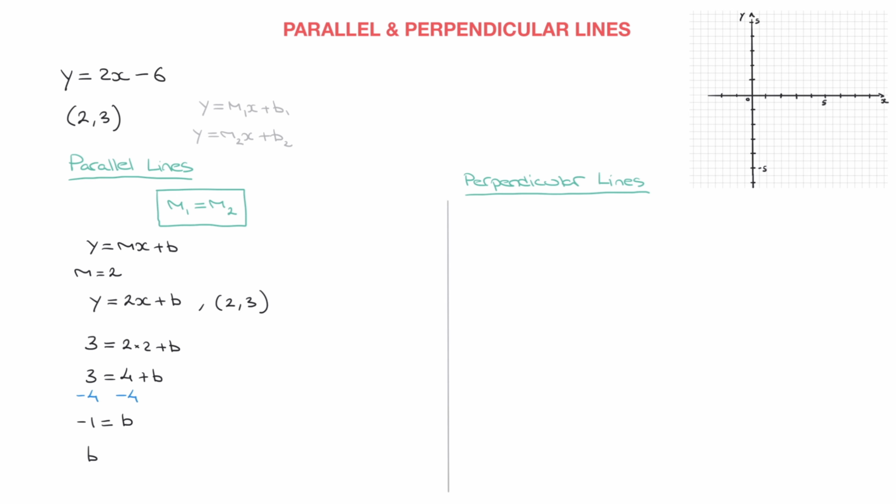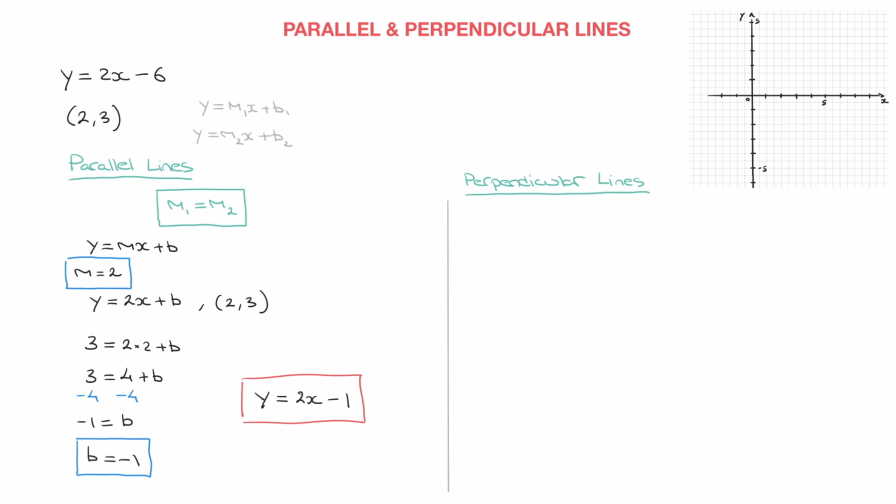In other words, b is equal to negative 1. And we've now found the value of b. So using that value of b as well as the gradient we had stated earlier on, which remember was simply equal to the gradient of the line that was given, we can state this line's equation as y equals 2x minus 1. And that's the answer.